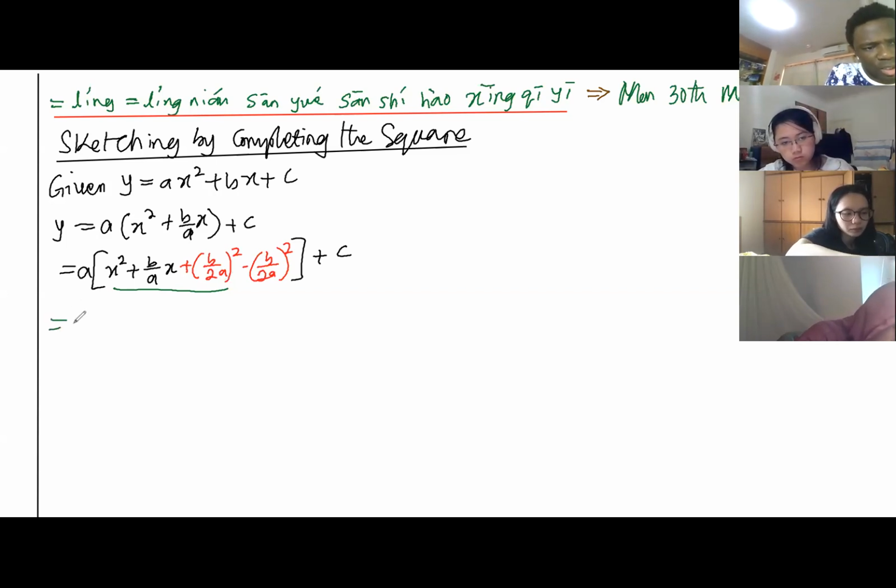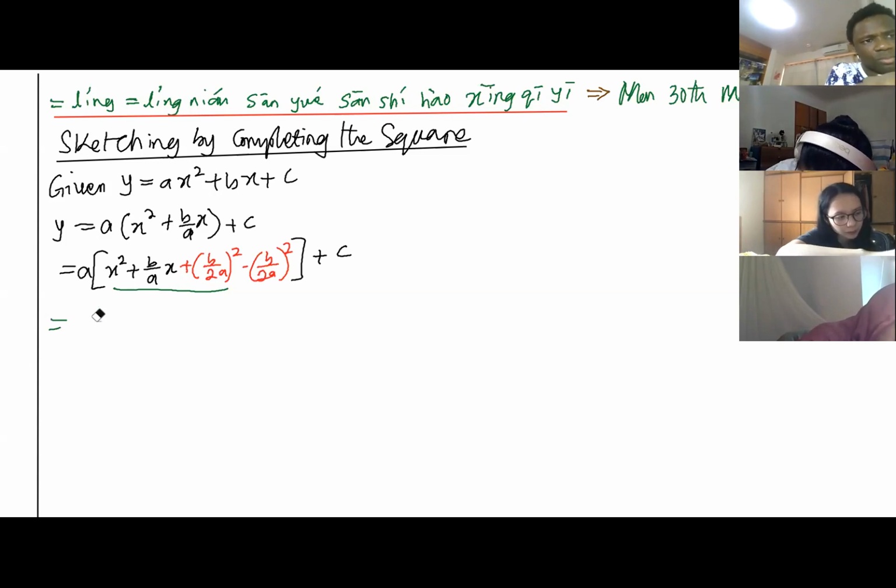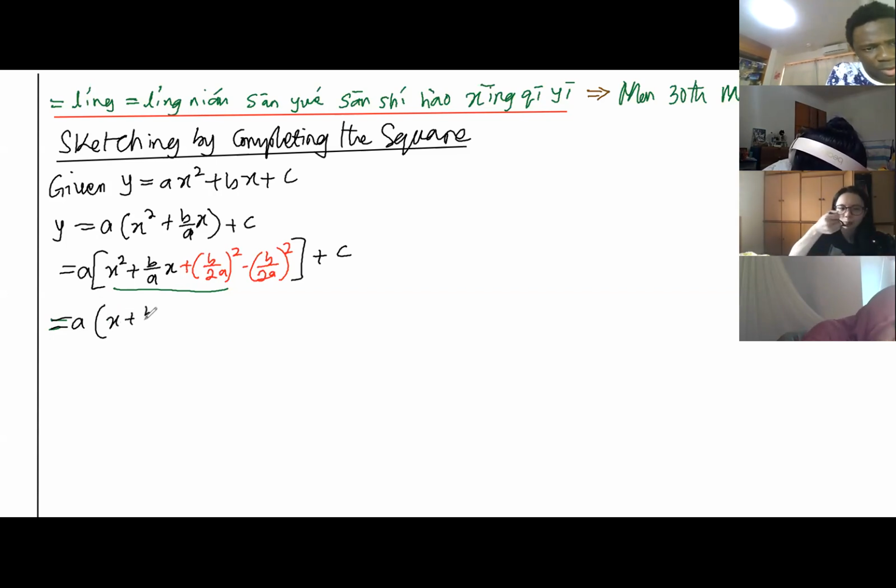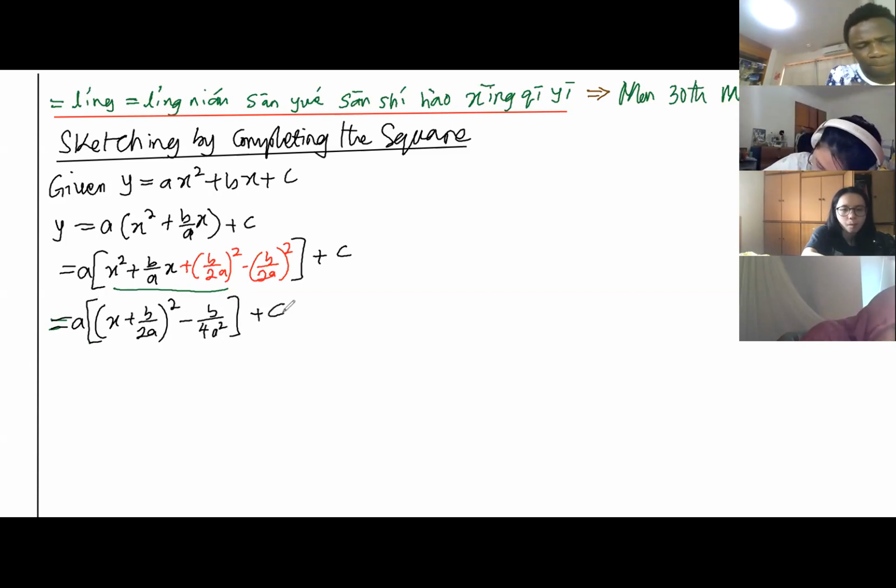So that would be a times x plus b over 2a whole squared, minus b over 4a squared. Now everything is still within the bracket.